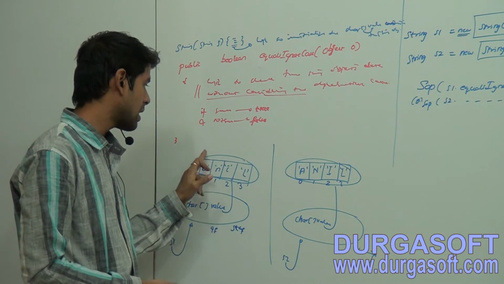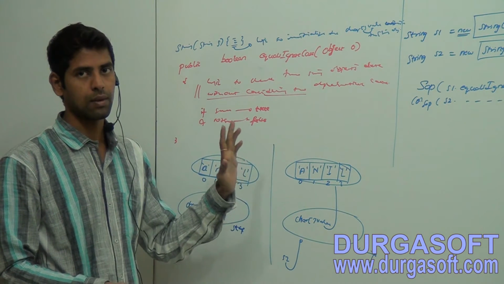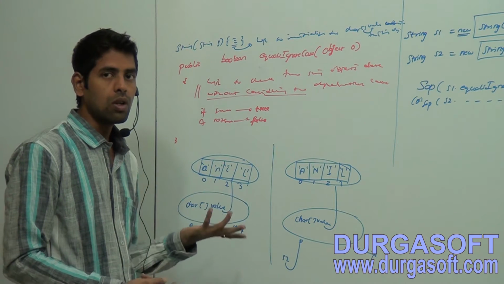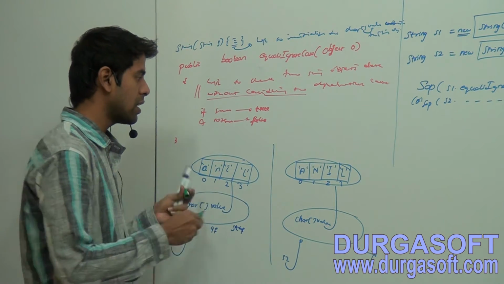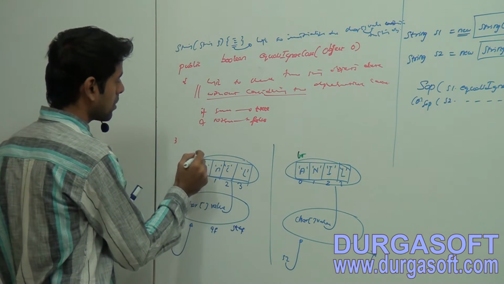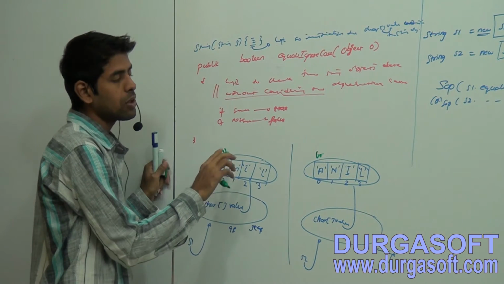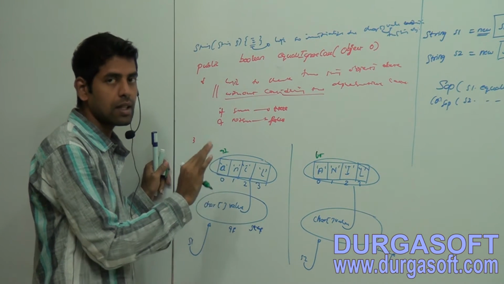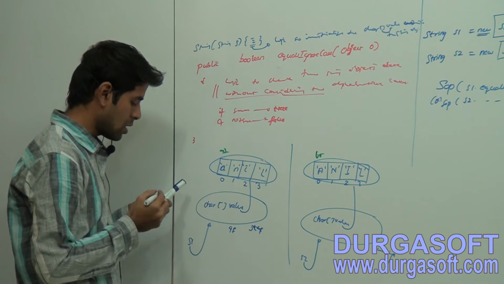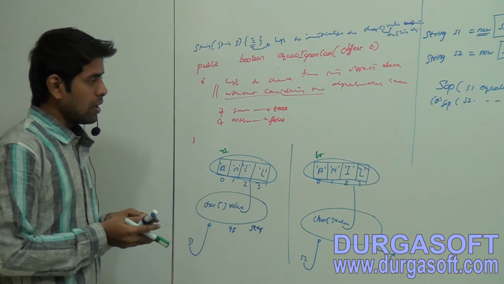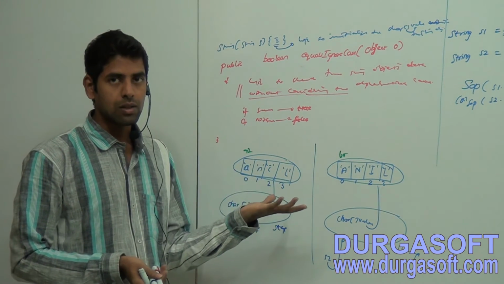Capital A is 65, small a is 97. Even though they have different values, it will accept.